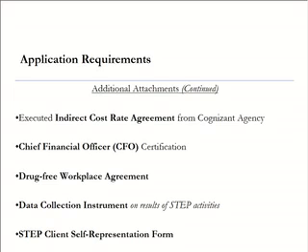In addition, indicate how often these data will be collected from STEP clients, either in the DCI or the technical proposal. And last, a copy of the applicant's STEP client self-representation form must be submitted that demonstrates how clients are certified as an eligible small business concern.